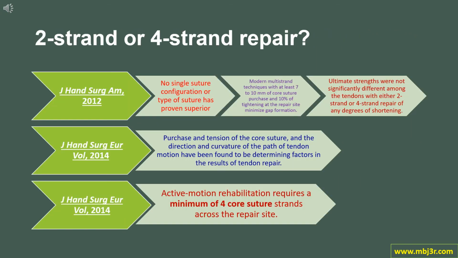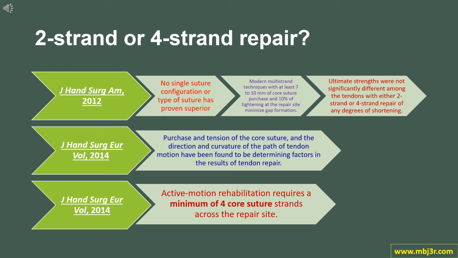There are different tendon repair techniques, 2 strand, 4 strand, but no single suture configuration or type of suture has proven superior. But a modern multi-strand technique with at least 7 to 10 millimeters of core suture purchase and 10% tightening at the repair site minimizes gap formation.